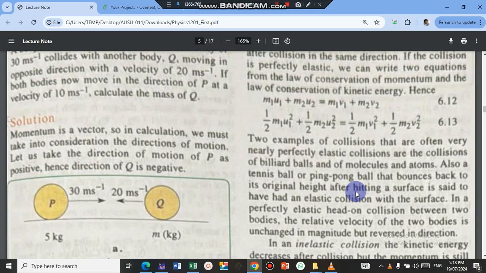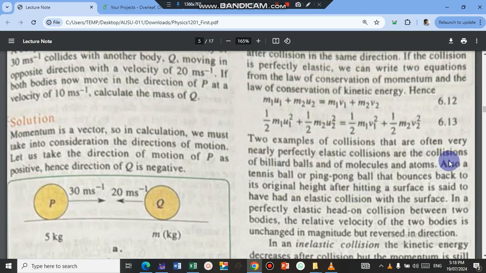Because if you have a ball, for example, and you release the ball from a height, it hits the floor, the ball, we know, will not come back to its original height, because when it hits the floor, some of the kinetic energy will be converted to sound energy. So it will not have enough kinetic energy to go back to the initial height. But if a ball goes back to the initial height, it means the kinetic energy is not lost in any way, it's conserved.